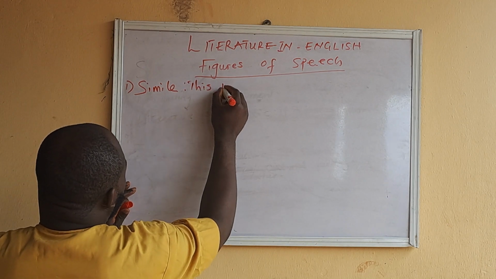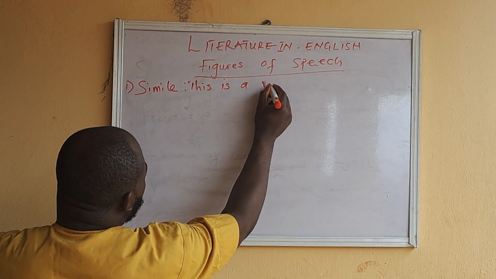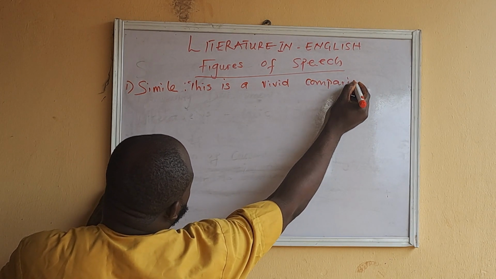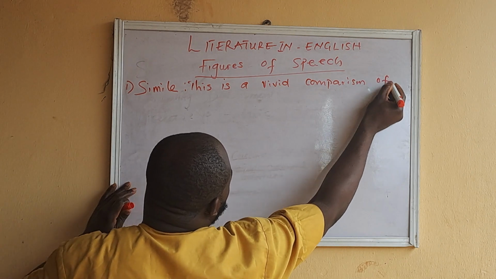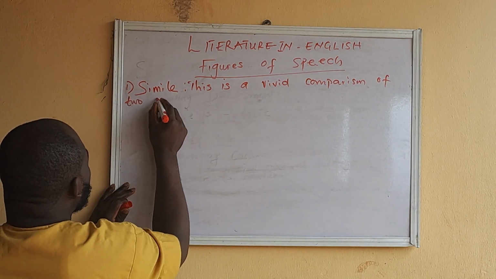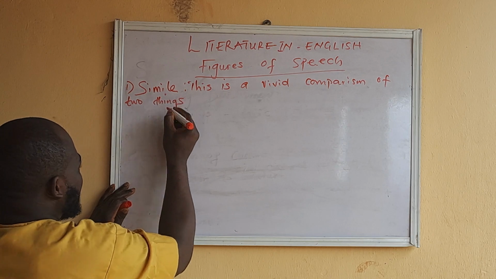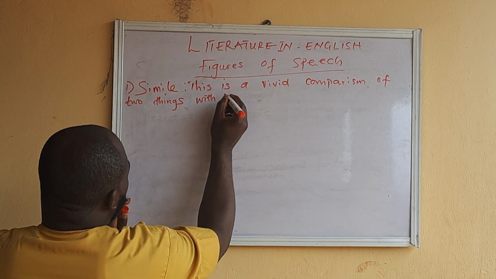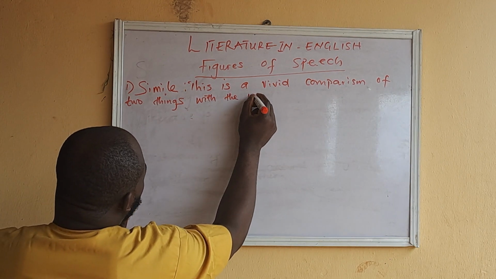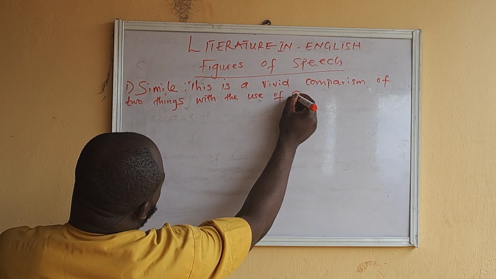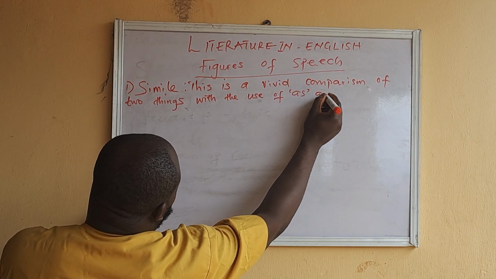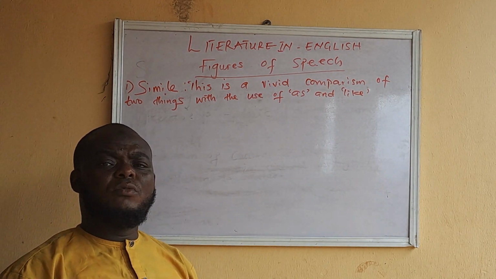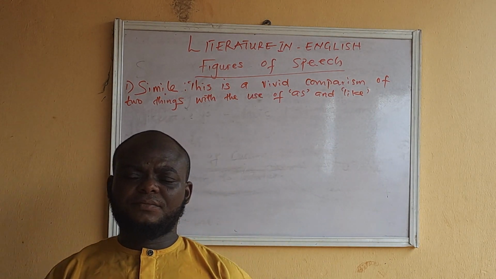This is a vivid comparison of two things, as I've said earlier, a comparison of two things with the use of as and like. Now, when we take an example of this, you understand better.